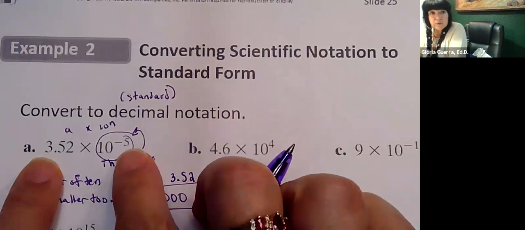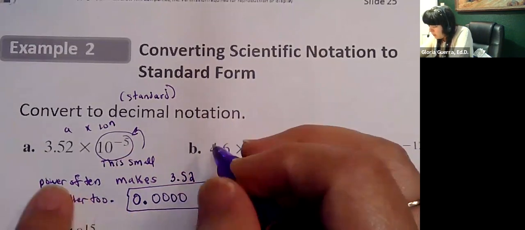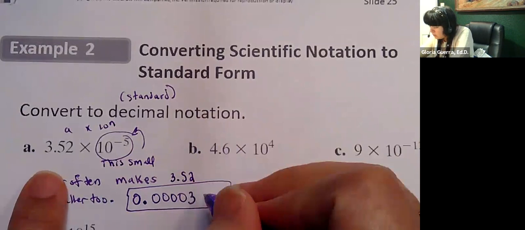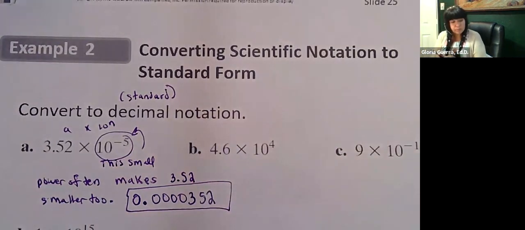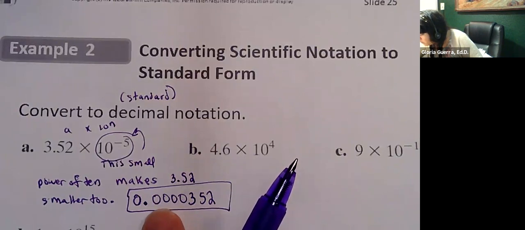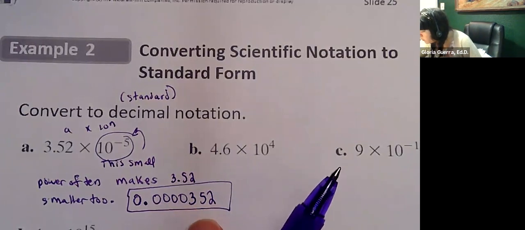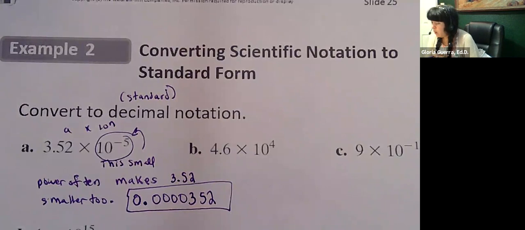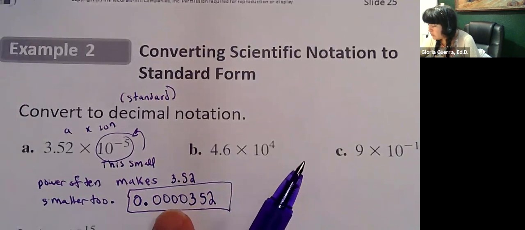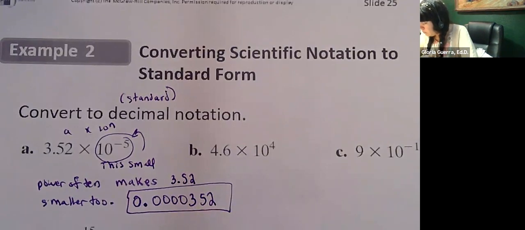Because I need 5 moves, so this 3 counts as one move, but I also need these 4, and then there's my 3, and then 5, 2. You have 4 zeros, and then this 3 counts as if like a 5th move. So you got that accounted for.